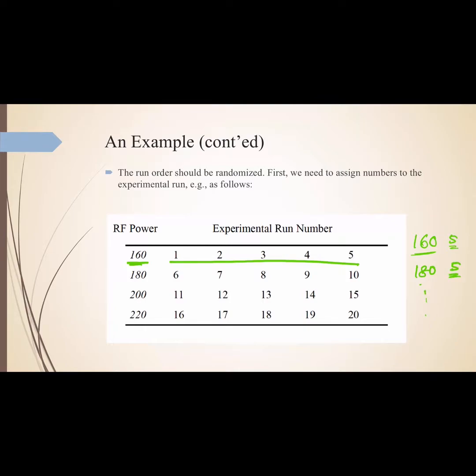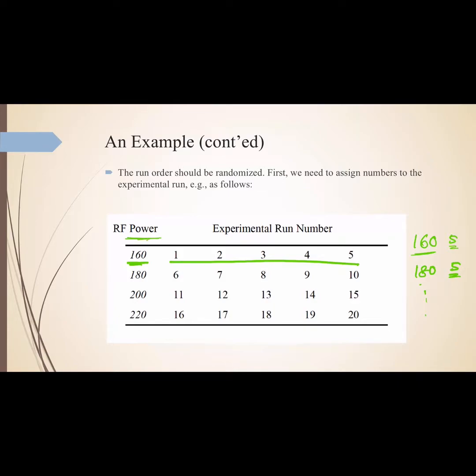Because if you do it like this, it might have an effect on the machine. Probably as the power is gradually increased, the machine might warm up, and it might have a temperature effect on the wafer. We want to isolate any such external factors, because we want to be exclusively studying only the effect of power on the etch rate.